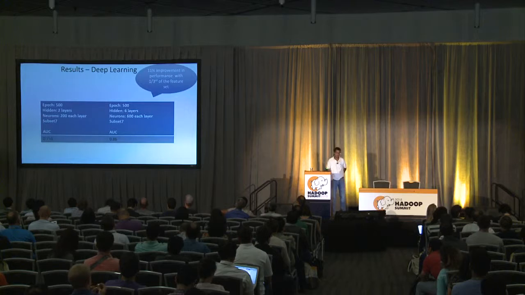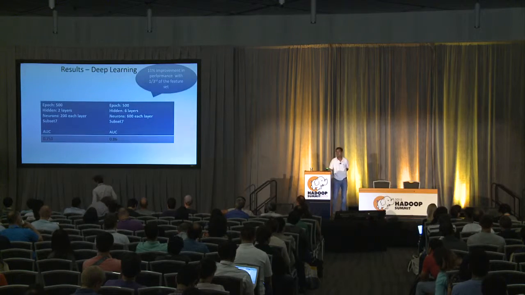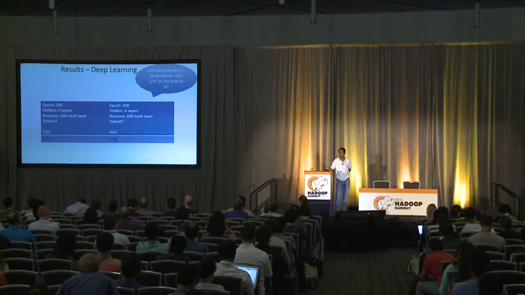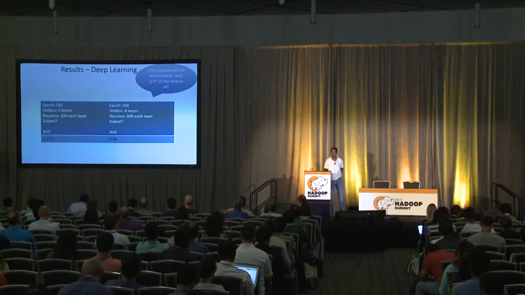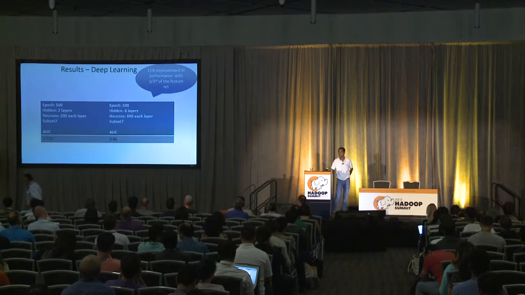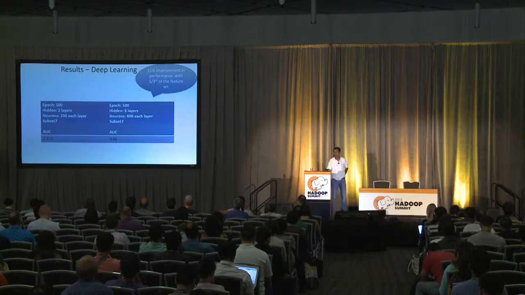What I also wanted to know was this: we spend a lot of time in feature engineering. We have a superior team of data scientists to come up with very intelligent features. I wanted to see if a deeper network can help with some of those feature engineering efforts. In this particular data set, I had 1,500 features.